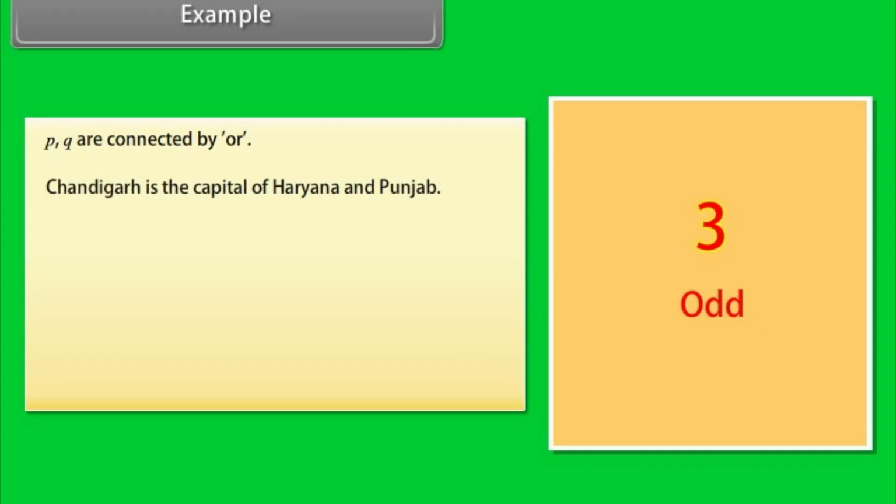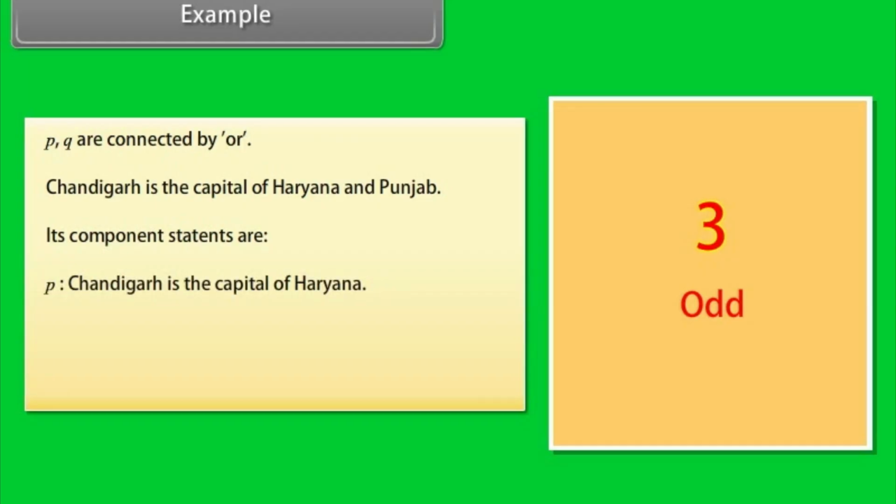Chandigarh is the capital of Haryana and Punjab. Its component statements are: p is a statement that Chandigarh is the capital of Haryana. q is a statement that Chandigarh is the capital of Punjab. p and q are connected by and.